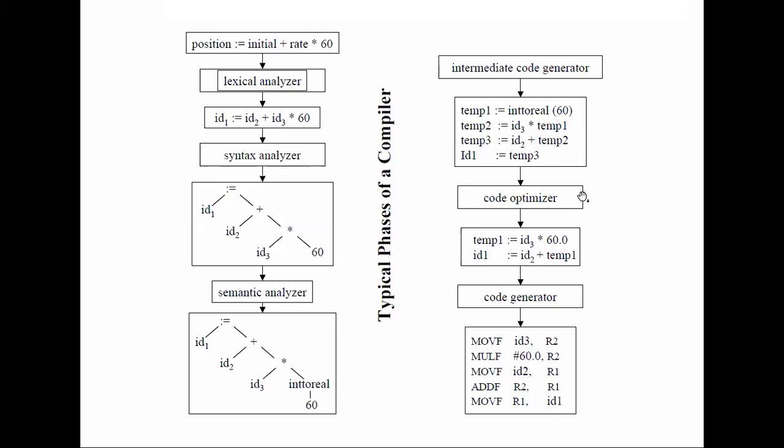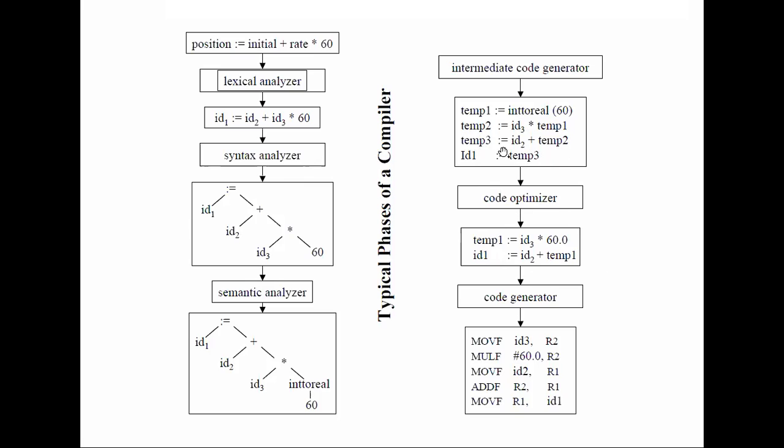Now code optimization. Here it is reducing the number of steps from the three address code. Even though the code optimization output also contains statements in three address code only, is there any chance we can reduce the steps here? For example, instead of using temporary three, directly we can write ID1.